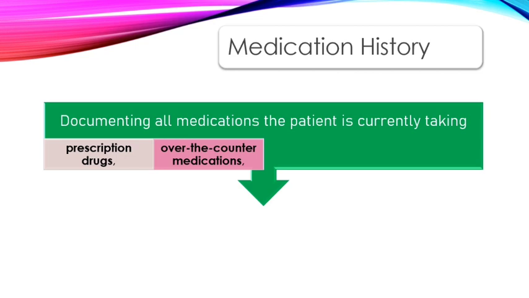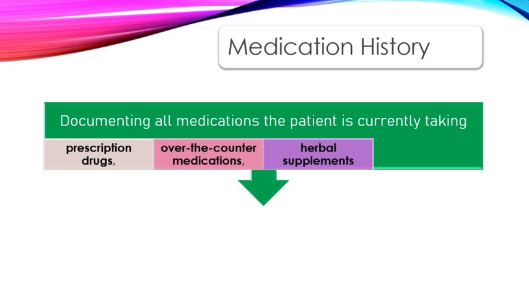So you have to document not only a particular medication, but why the patient is taking those medications. This is also important because this will give you a clue to the underlying condition of the patient.